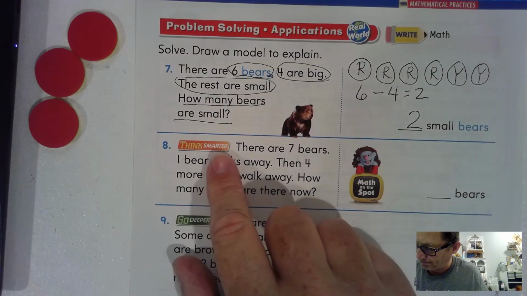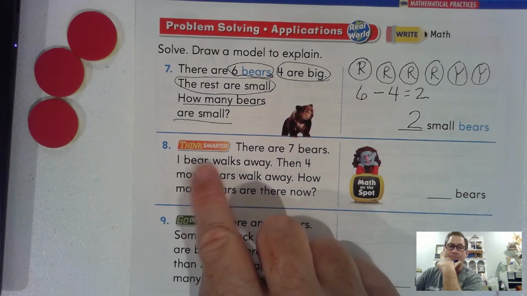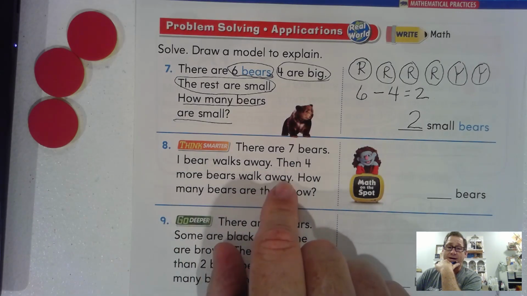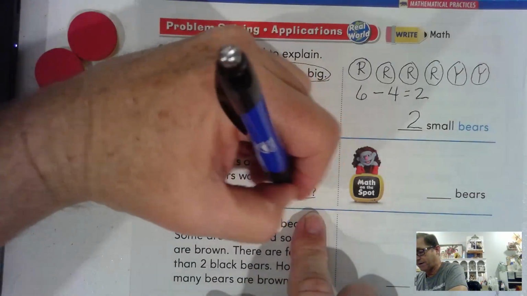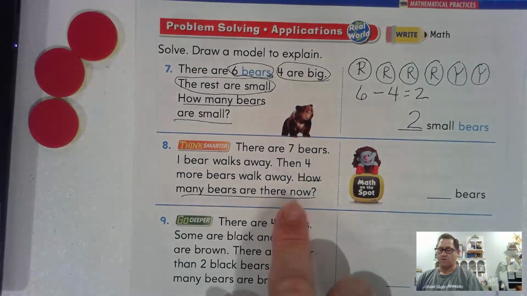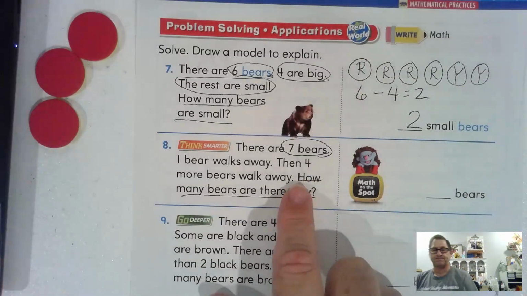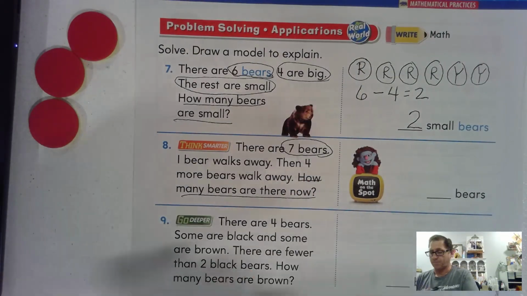Number 8. There are 7 bears. 1 bear walks away. Then 4 more bears walk away. How many bears are there now? Okay. So there were 7 bears, right? That's our whole. We have 7 bears total.